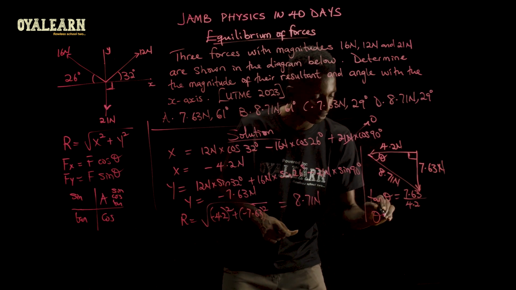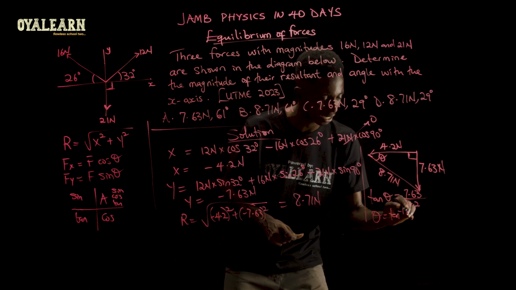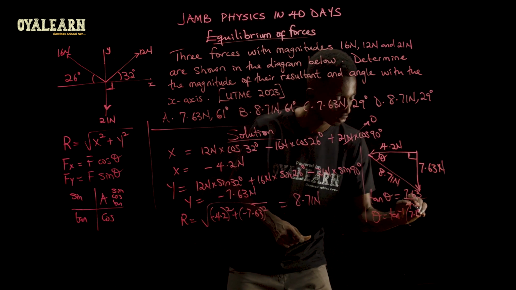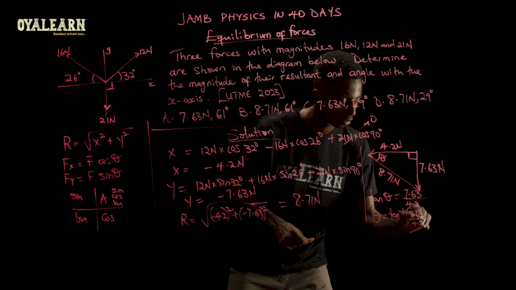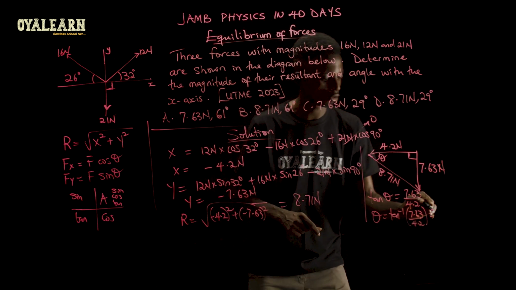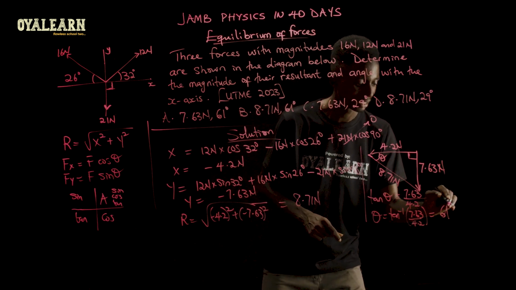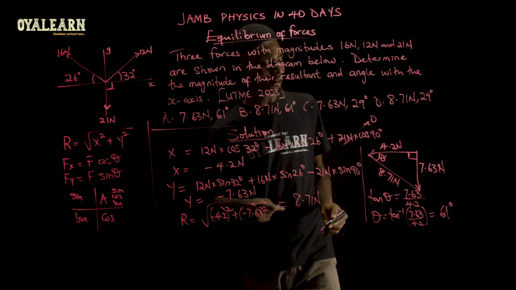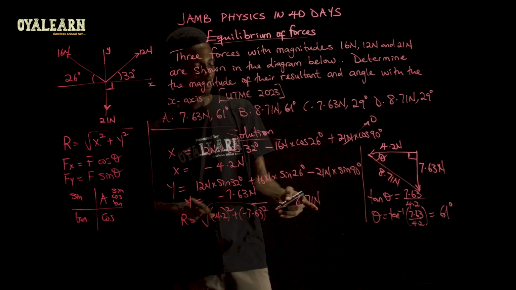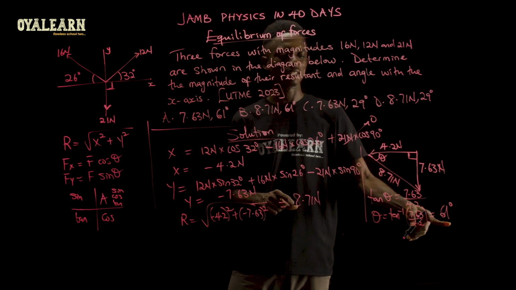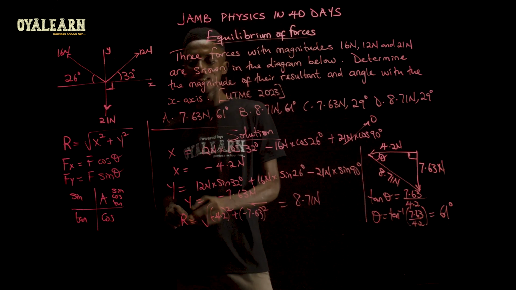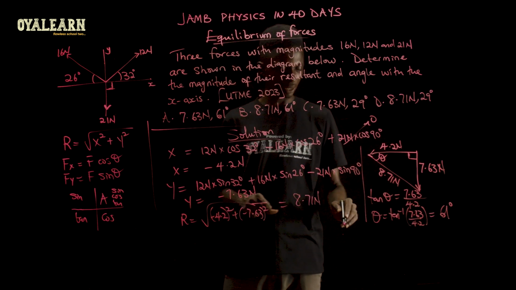That is, theta therefore becomes tan inverse of this fraction, and this is going to give you 61 degrees. So now we have our answer, 8.71 newtons and 61 degrees to the x-axis, making the correct one option B.